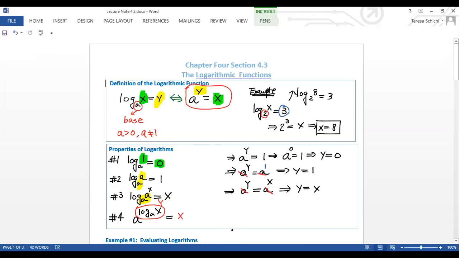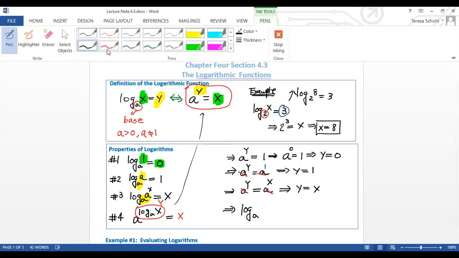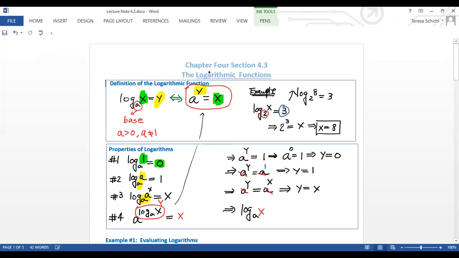So let's take a look. Now I go backward to the log function. You see here, the log base a of x is equal to y, using the exponential function definition. Now I put it back here. So this is the log with base a of x, and it is equal to y.